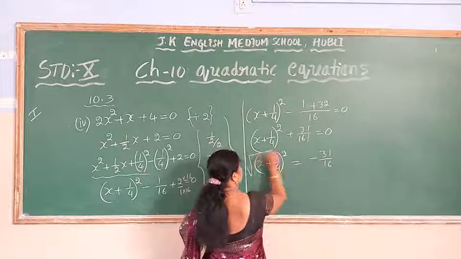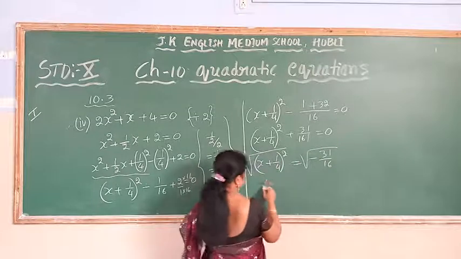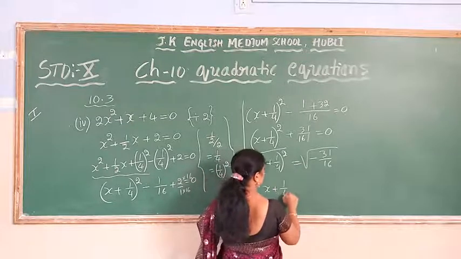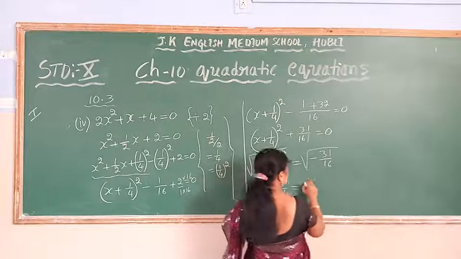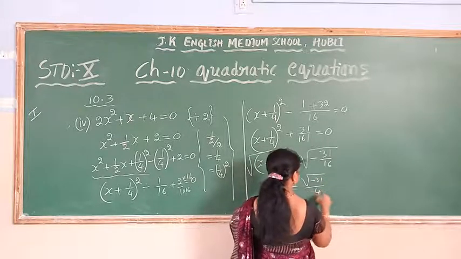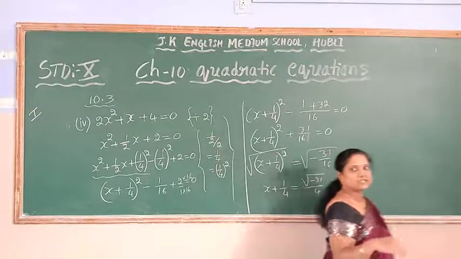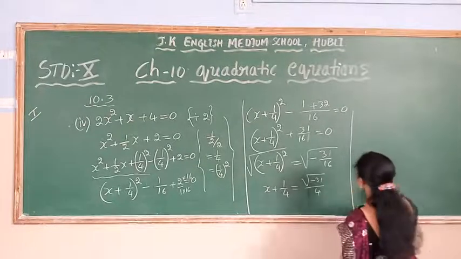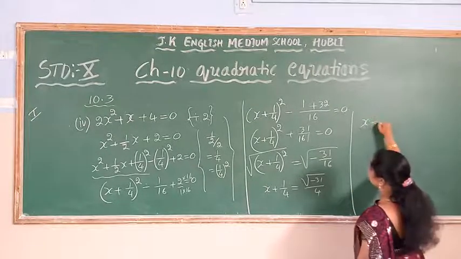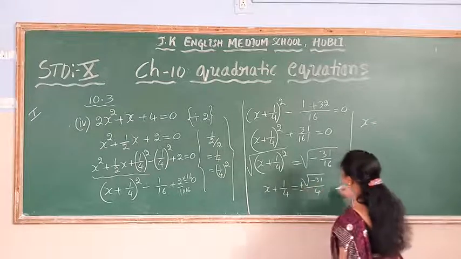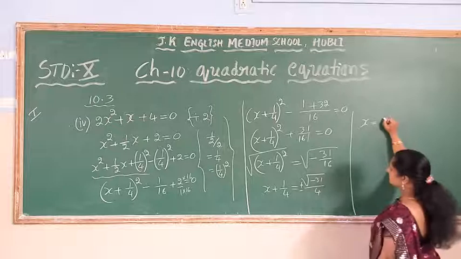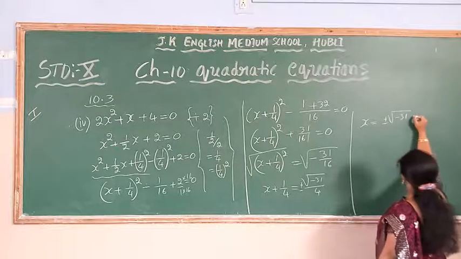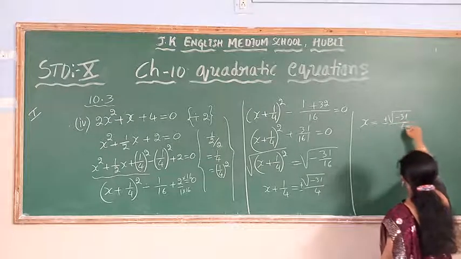If I apply the square root on both sides, it becomes the square root of a negative number. Then x plus 1 by 4 is equal to square root of minus 31 by 4, children. So a negative square root means the real root does not exist. Real root will not exist. Okay children. So x is equal to plus or minus square root of minus 31, minus 1 by 4, it becomes like this.